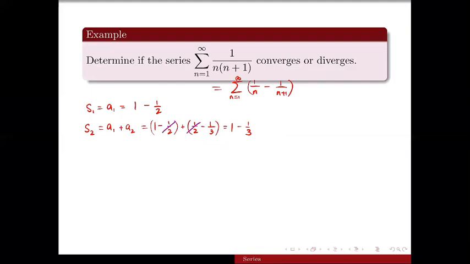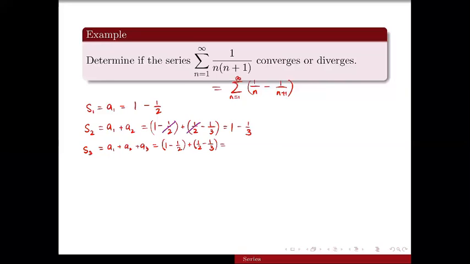Now let's have S sub 3. Of course, S sub 3 is A1 plus A2 plus A3. For A1, we have 1 minus 1 half. For A2, we have 1 half minus 1/3.